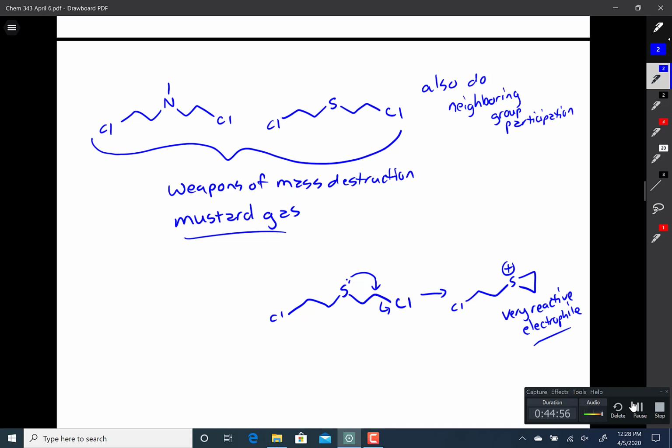So reactive, it'll often react with stuff we don't want it to, mainly our DNA and skin and mucous membranes and a whole lot of stuff we'd rather not have react.